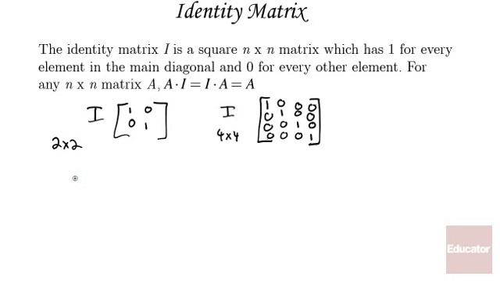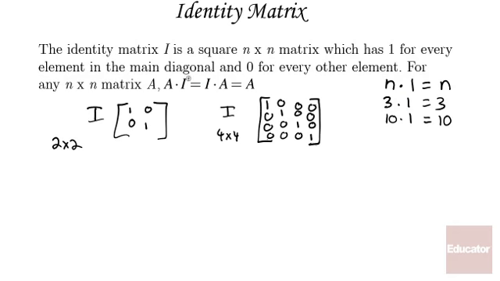If you multiplied any number n times 1, you got that original number back. For example, if I took 3 times 1, I'm going to get 3, or 10 times 1, I'll get 10 back. This is the same idea, but with matrices.